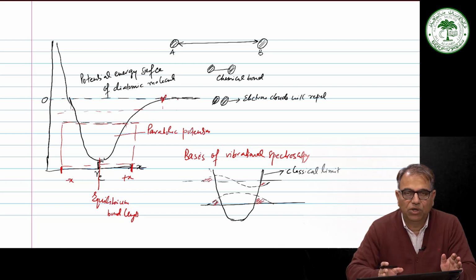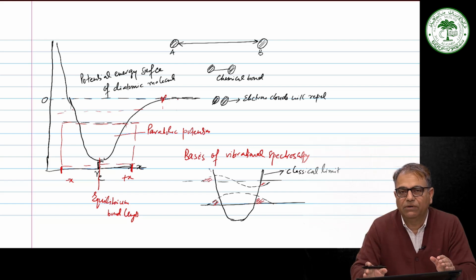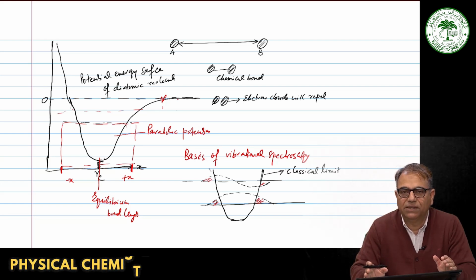So in the next module, we will apply the Schrodinger wave equation to this problem of the simple harmonic oscillator, and we will try to find a solution in a very simple way using the ladder operator. Then we will go for a little more complex calculation using the power series method. Both methods will give you similar results, but the first one is a little simpler.